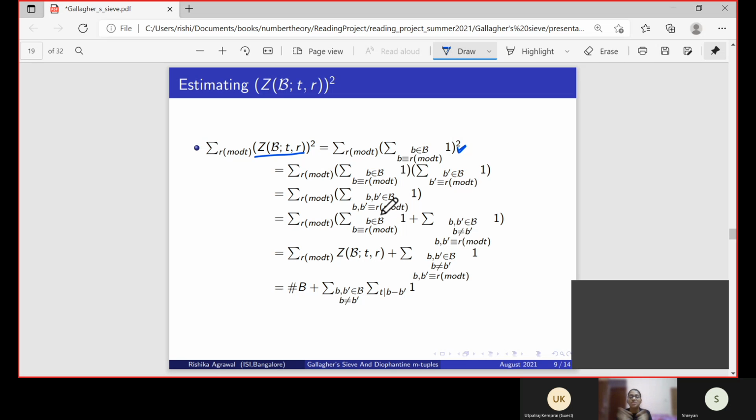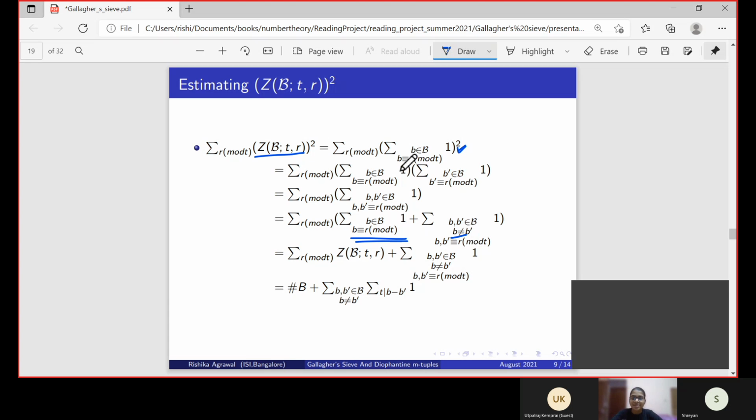So to separate these two cases, we write the summation over r mod t of the summation over b belonging to B, b congruent to r mod t, plus the summation over b, b prime belonging to B, b not equal to b prime, both congruent to r mod t, of 1. The first term is where we are considering b equal to b prime, and the second is where we are considering b not equal to b prime.